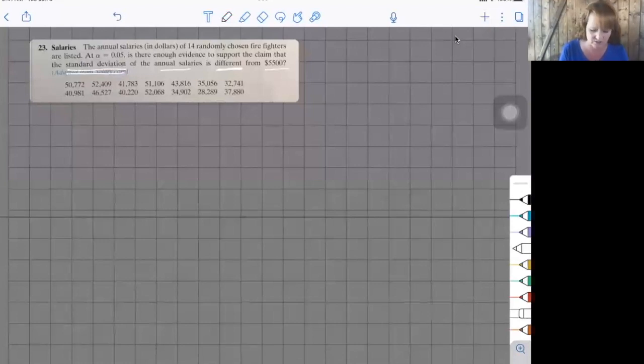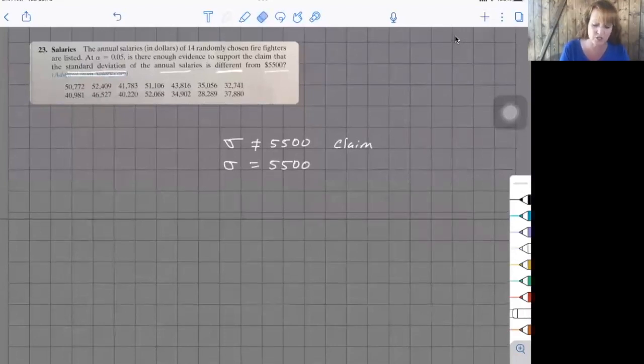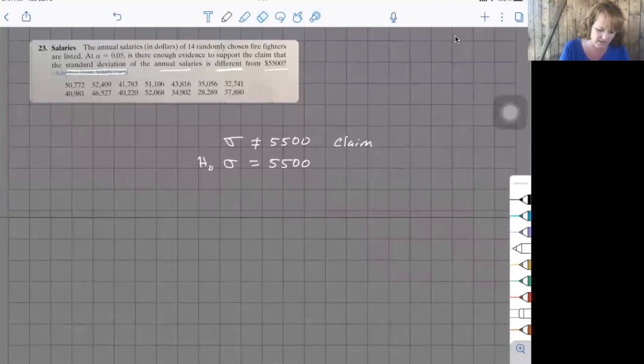So my notation is going to be sigma now instead of sigma squared. So this is my claim. The complement of this is equal to. My H naught is going to be equal to. My HA is going to be not equal to.